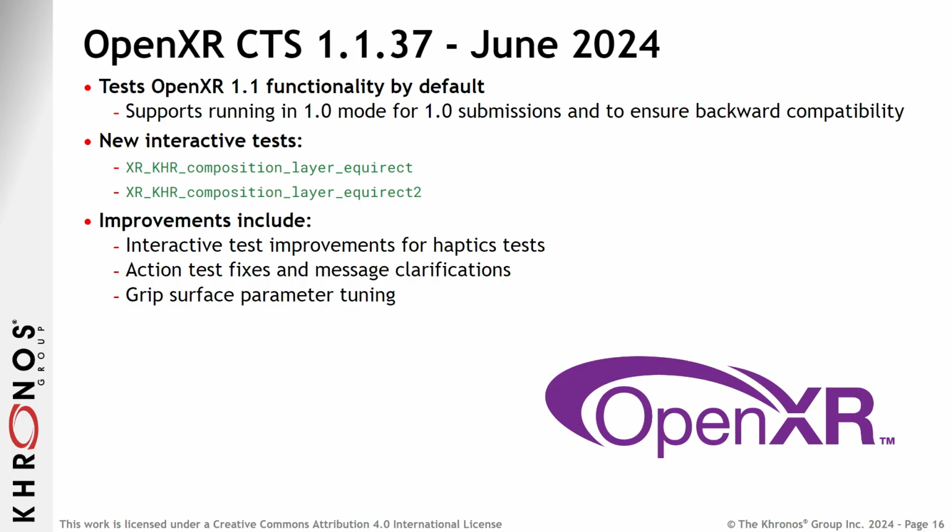There were some new interactive tests added, and other improvements for haptics, action fixes, and parameter tuning for the grip surface. We've also improved the reporting of the conformance testing on Android, so we give you more feedback about how your application will perform on Android runtimes.